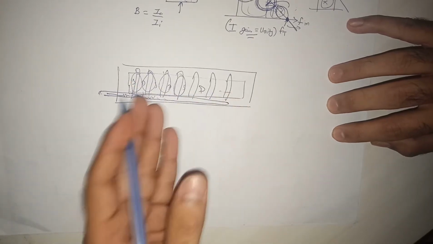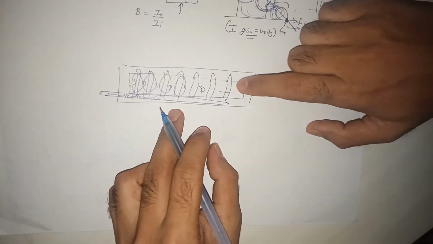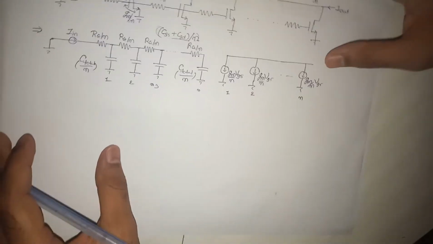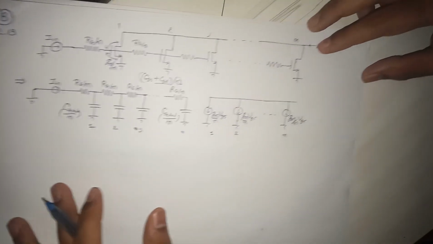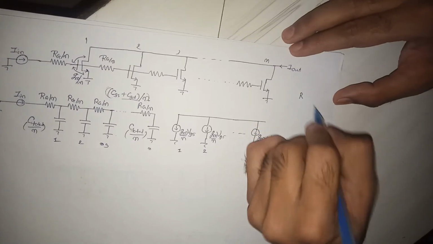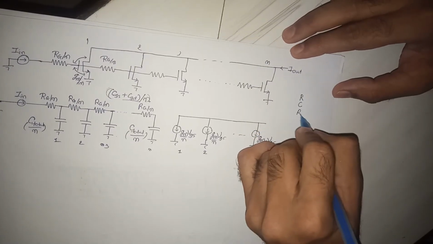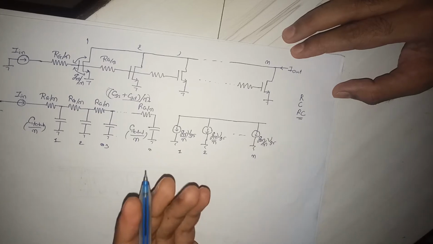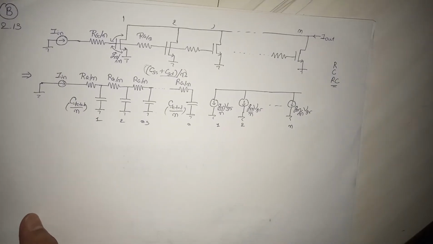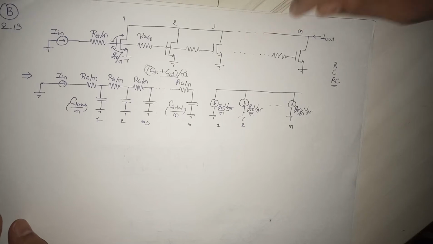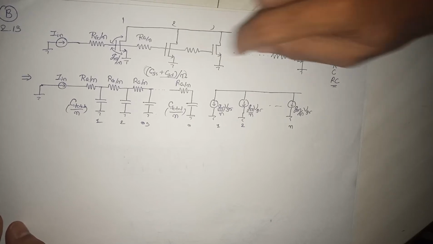This represents the same structure after extraction. There are different extractions you will see, only R extraction, C extraction, or RC extraction, in which after your layout the tool will extract the parasitic resistance and capacitance of your circuit. So that can give this kind of network.